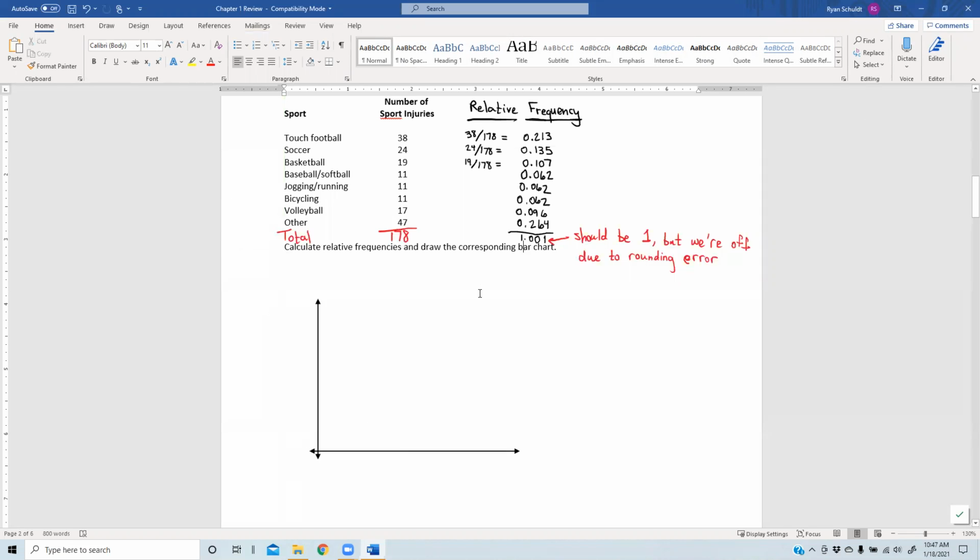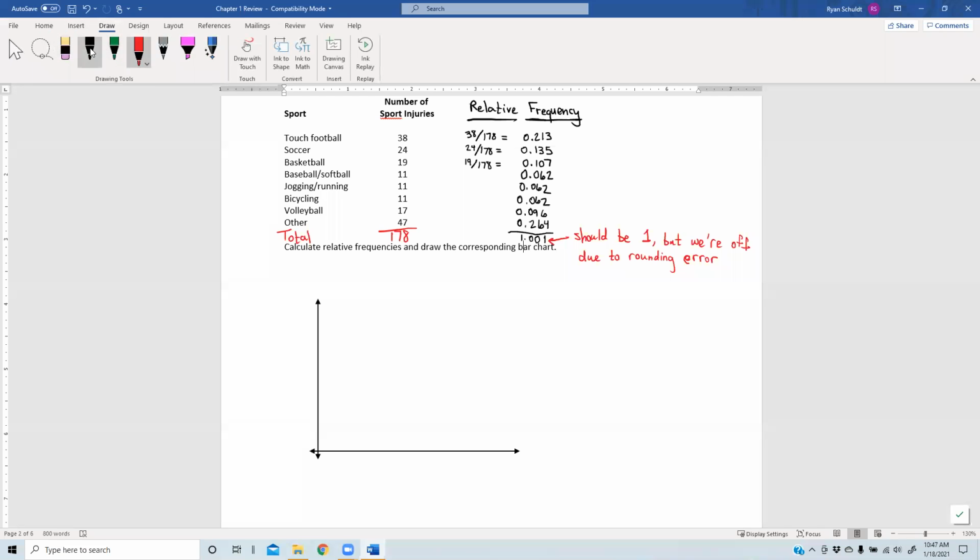So let's see here. We're going to need our scale over here. So on this side, we're going to have relative frequency.